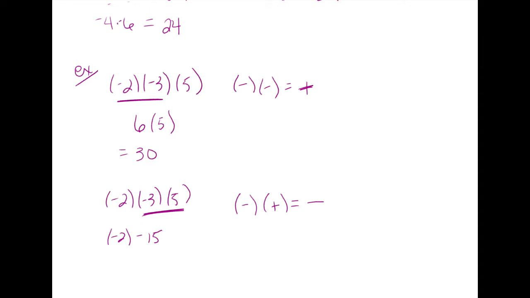Now I have a situation where I have a negative times a negative. Again, looking at your chart, you can see that's going to yield a positive. So I'm going to multiply 2 times 15 and get 30 and keep it positive. And so, again, we've checked here. Either order works. Okay, moving on.